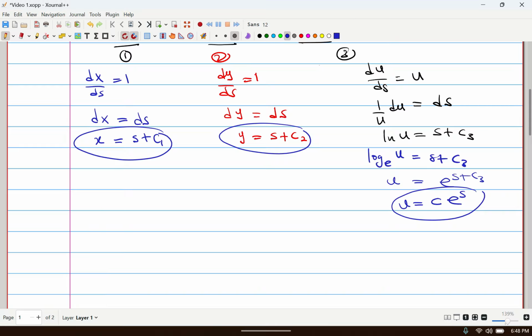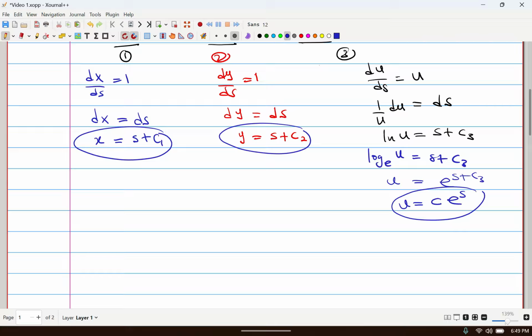Now, these are all the characteristics we get in terms of solving u and x with respect to the new parameter s. Okay, how I want to solve this is that I want to make sure I eliminate the parameter s and also make sure everything is in terms of x and y.